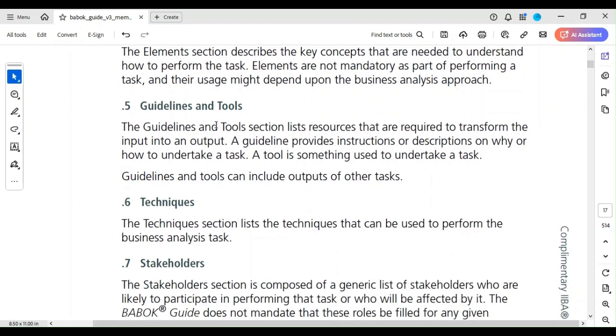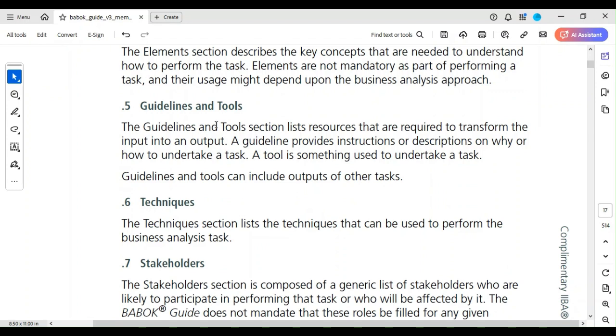Guidelines and tools. Just like you see it, take it this way. Guidelines, what guides you. Tools, equipment, or whatever you need. So the guidelines and tools section lists resources that are required to transform the input into an output.